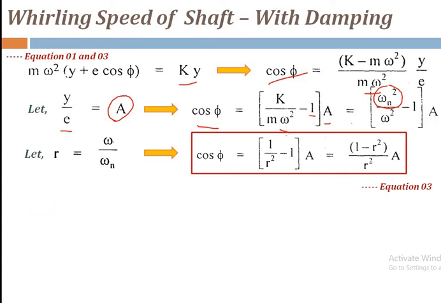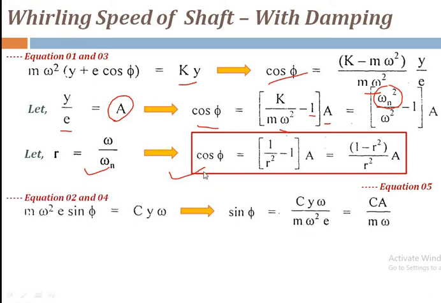Let r equal to omega by omega n, then finally we get cos phi equal to 1 by r square minus 1 into A, which is equal to 1 minus r square divided by r square into A, which is equation number 5.